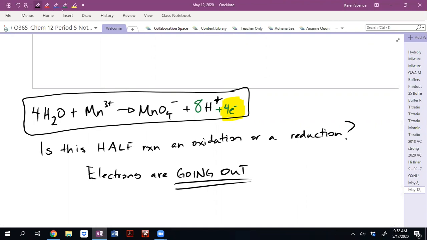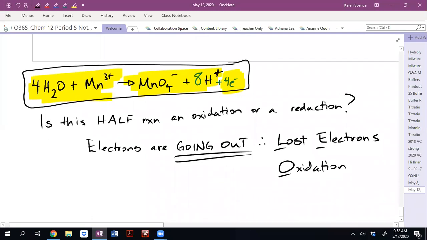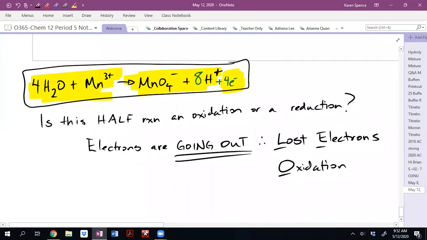They were in these chemicals over here, and now they're not in these chemicals over here. They are separate now from those chemicals. So the electrons have gone out, so we have lost electrons. And if we lost electrons, that is oxidation. Or you can say losing is oxidation.